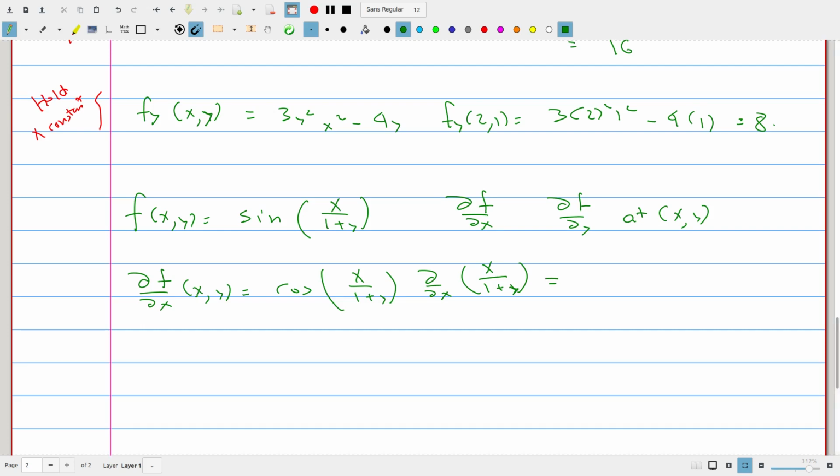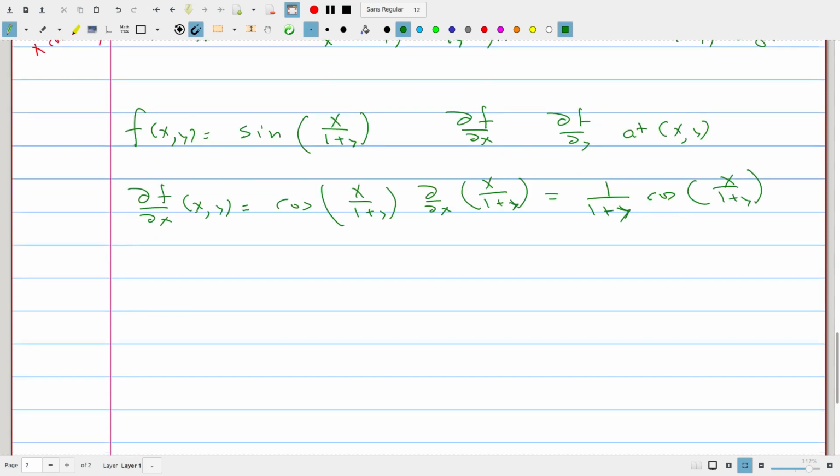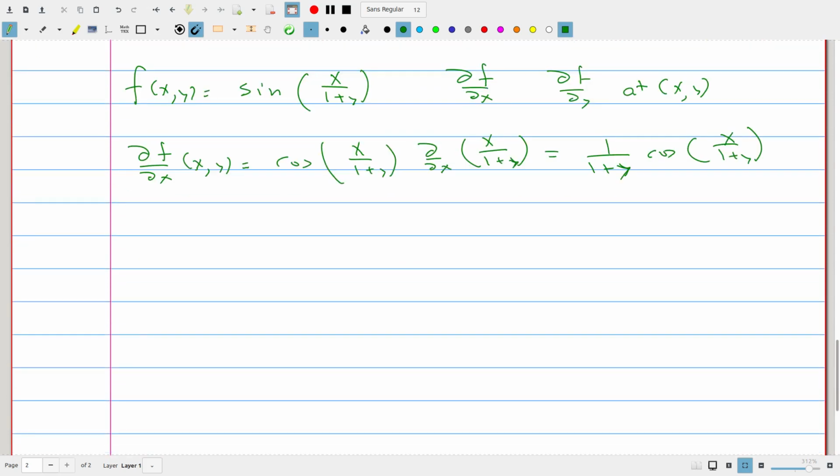So this becomes 1 over 1 plus y times cosine of x over 1 plus y. Here we're using the chain rule for functions of one variable. There's a separate chain rule for functions of multiple variables. We'll look at that later.